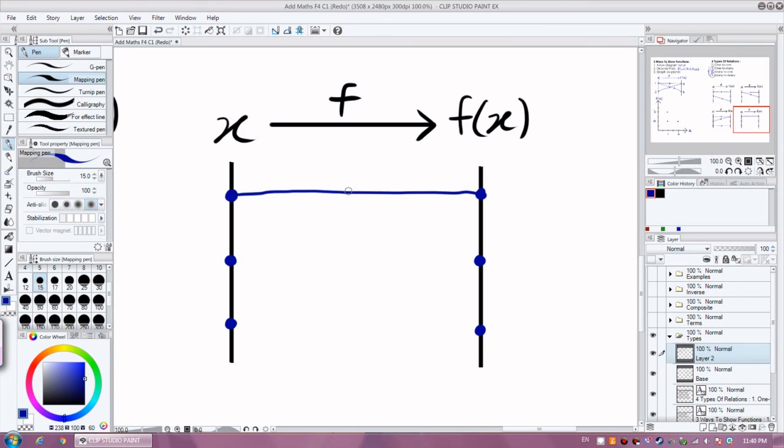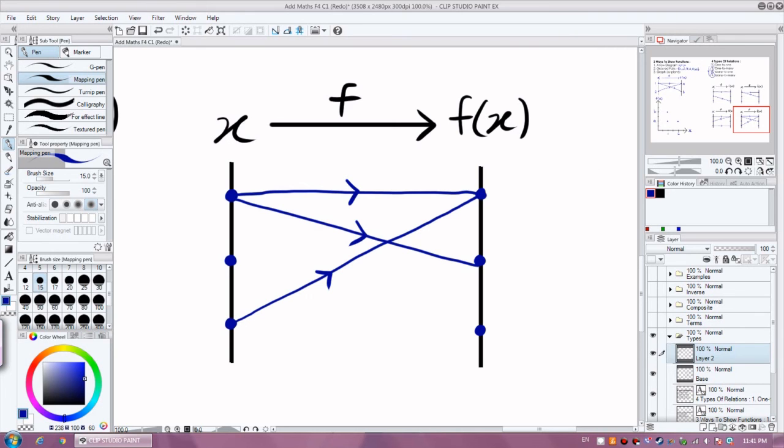So let's just say I'll do a one-to-many relation over here, and I can also make a many-to-one relation over here. In this diagram, you can already see that this object has two images, while this image has two objects. So with both the one-to-many relation and the many-to-one relation present, this arrow diagram will be considered a many-to-many relation.